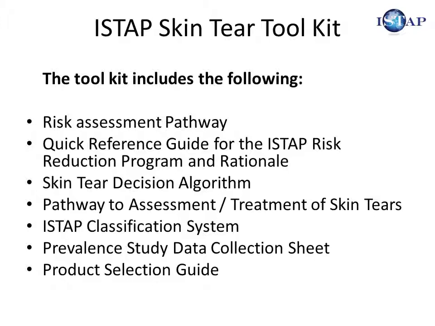There's quite a long list of all the risk factors, and so there is a pathway. There's a quick reference guide for the ISTAP risk reduction program and rationale. There's a skin tear decision algorithm. There's a pathway to assessment and treatment of skin tears. There's the ISTAP classification system, a prevalence study data collection sheet if you want to identify what the prevalence is in your organization, and then there's a product selection guide.